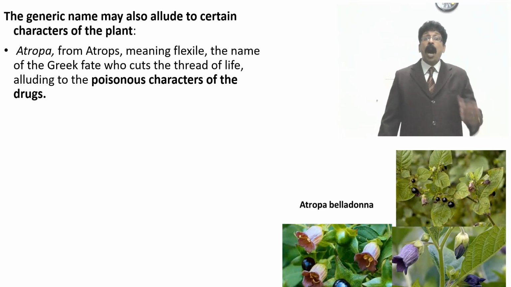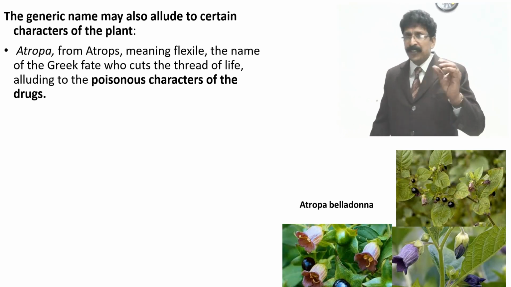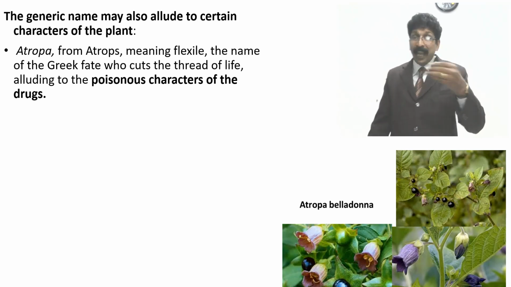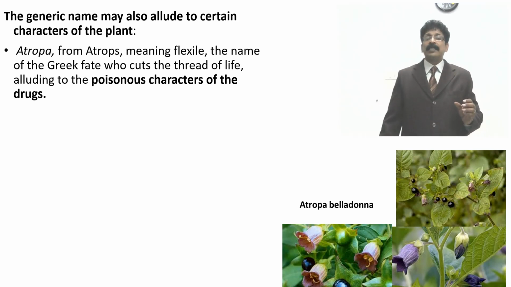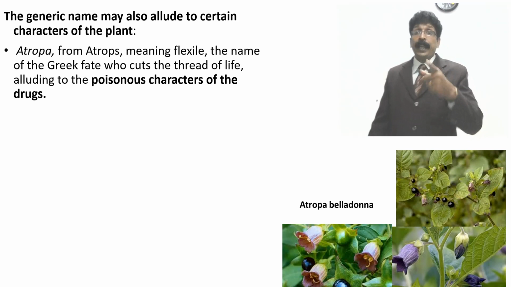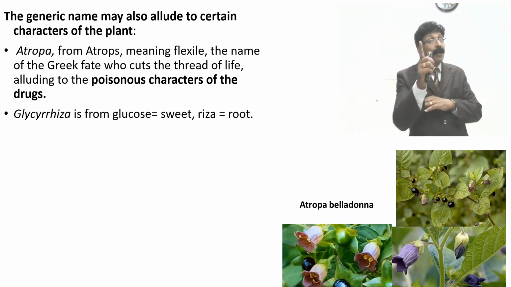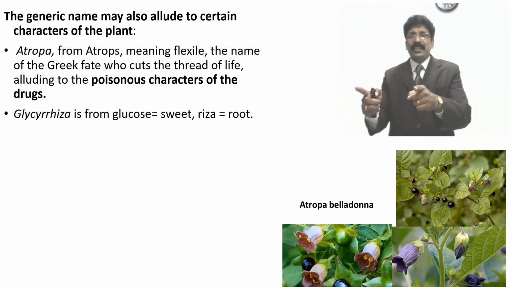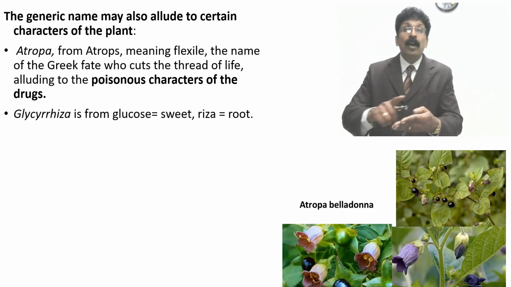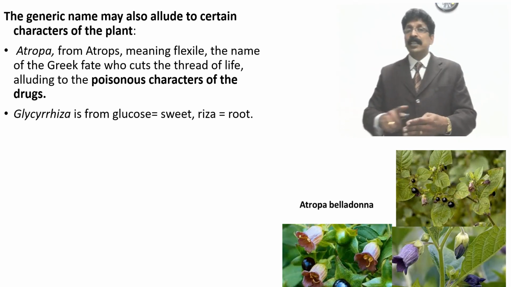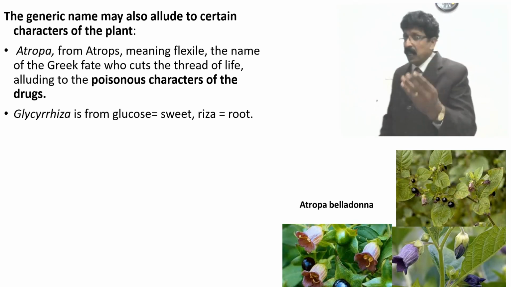Allude means relation: a relation to the characteristic of the plant or the crude drug with the botanical name given. Glycyrrhiza glabra: we have already discussed glabra, the species name, due to the polished, smooth surface of the plant.